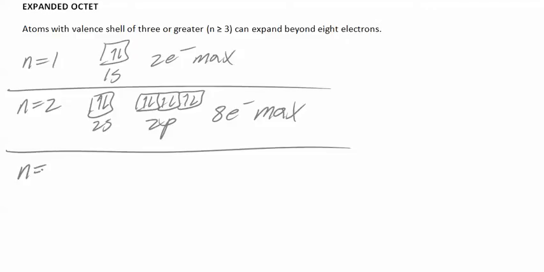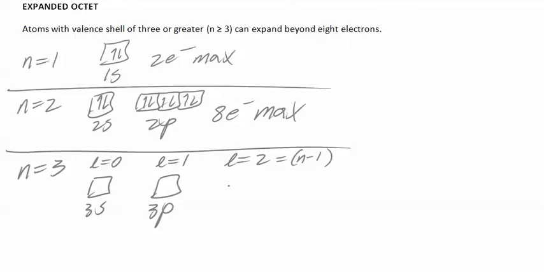But in the third shell, remember, if n is 3, L can be 0, L can be 1, or L can be all the way up to 2. Remember, the maximum is n minus 1. So we get the 3s, the 3p, and we get the 3d subshell.